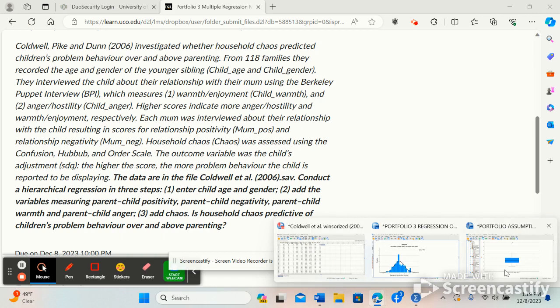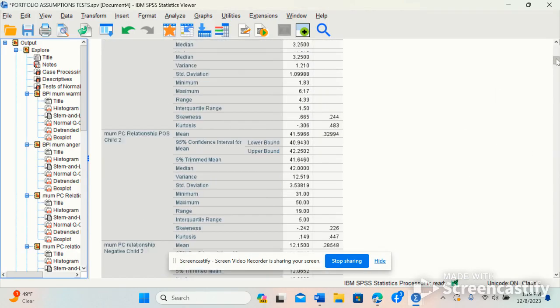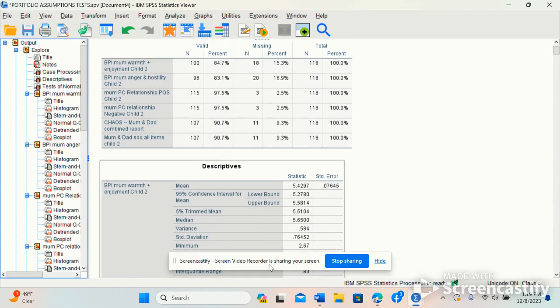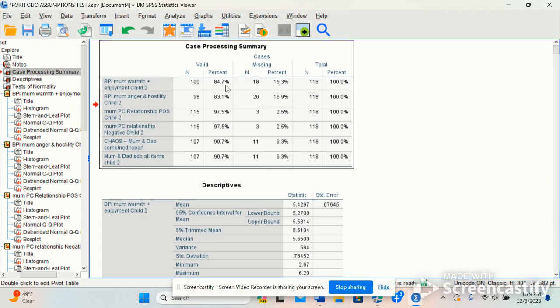So the first thing I did was some assumption testing, because it was looking weird and I didn't do it before, and then I realized I should probably check my assumptions first.